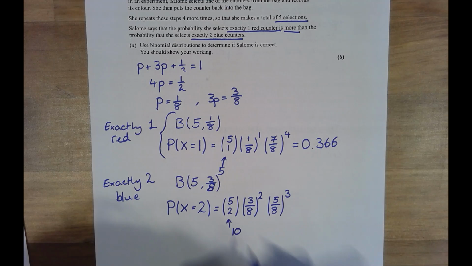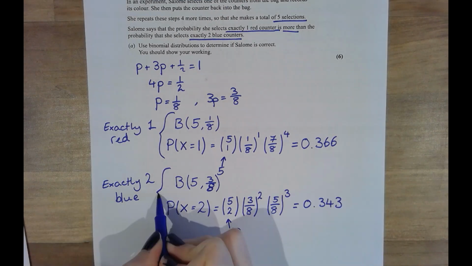So 10 times by 3 over 8 squared, times by 5 over 8 cubed, the probability in that selection is 0.343.